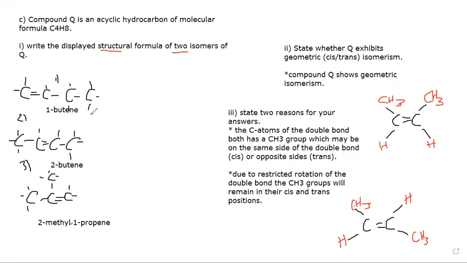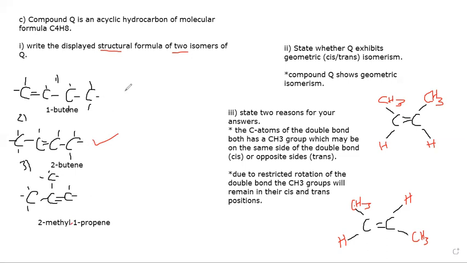Then for part two now, it says state whether compound Q exhibits geometric isomerism. Now, of these three compounds, 2-butene is the only one that shows geometric isomerism.